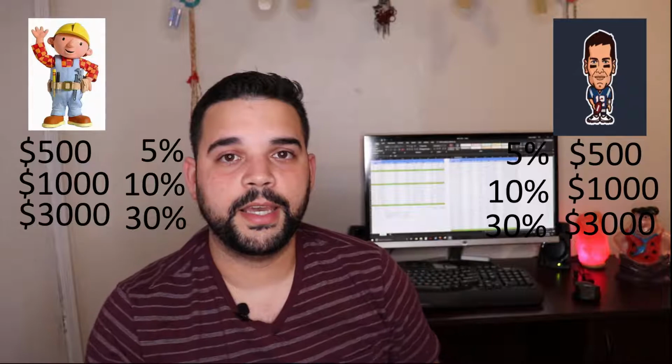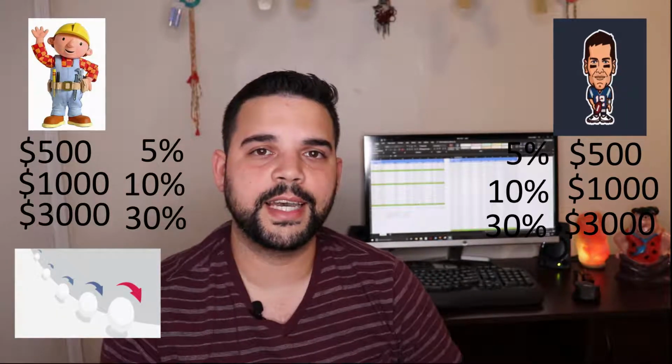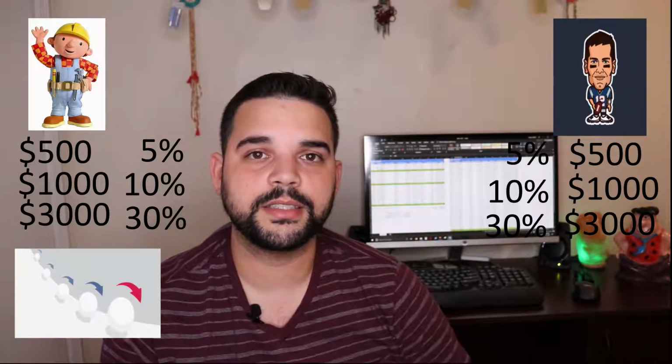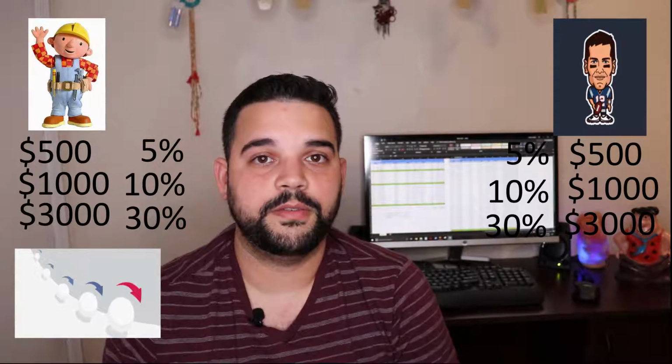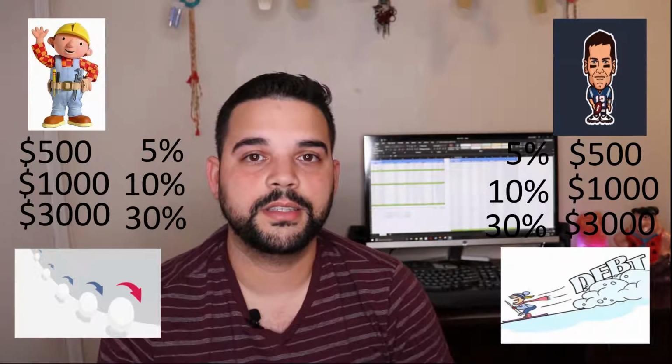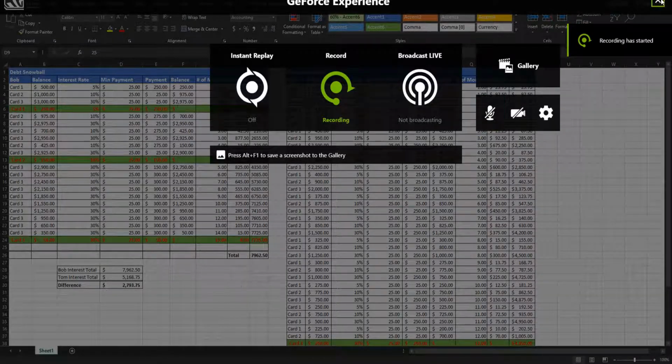And Bob is going to do the Debt Snowball, where he's going to tackle the debt with the least amount of balance first, and Tom is going to do the debt with the highest interest rate first. And you're going to see the differences. So come on guys, join me on the computer and I'll show you the differences.